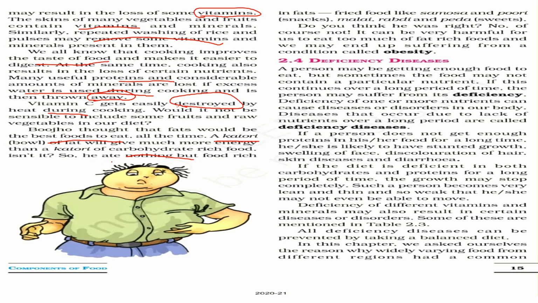So he ate roti, but also food rich in fat, like fried food such as samosa, puri, snacks, rabdi and peda. He is eating more oily foods like samosa, puri, peda sweets and fried items.